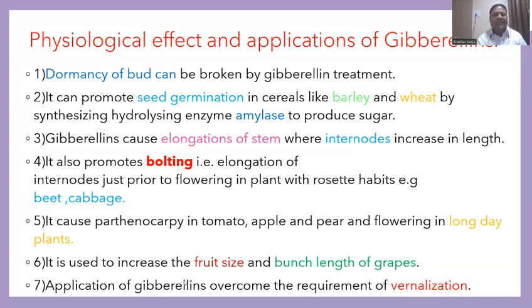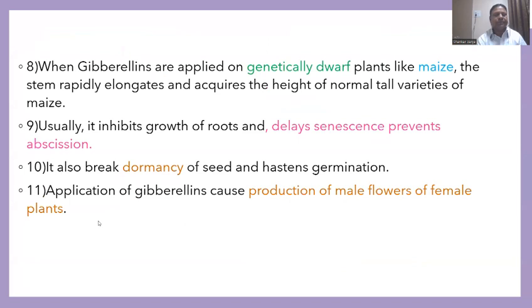Now, the next point is when gibberellins are applied in a genetically dwarf plant, especially maize, the stem rapidly elongates and acquires the height of the normal tall varieties of maize plant.